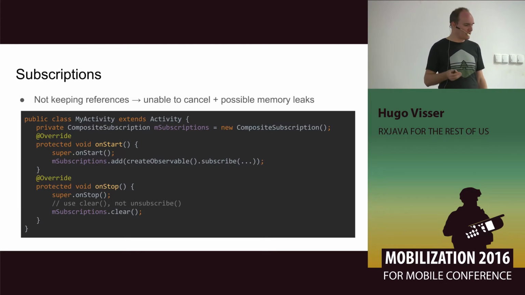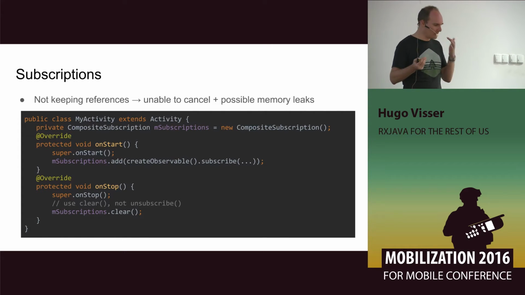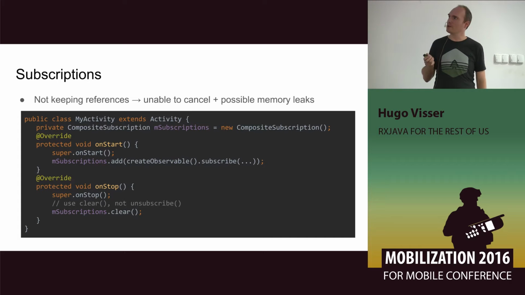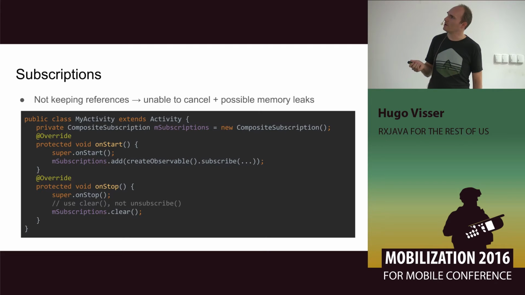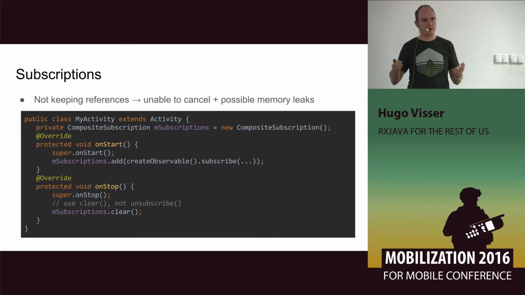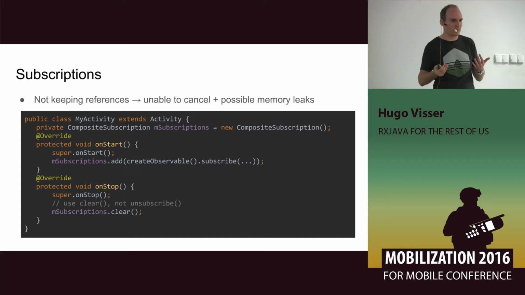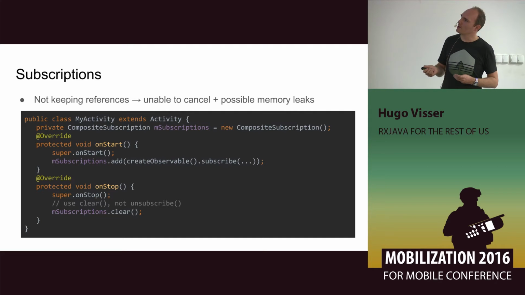Subscriptions. This is probably the basic thing that I see a lot. If you're not keeping the reference to the subscription, you might leak memory. So there is a trick to make this a little bit easier to make sure that you unsubscribe. There's an object called CompositeSubscription, and it's basically a bag of subscriptions where you can put all your subscriptions in.